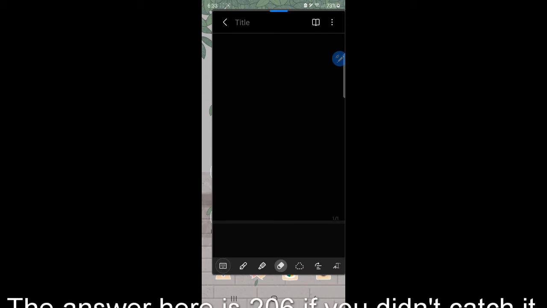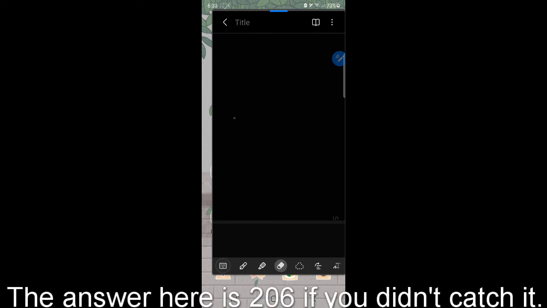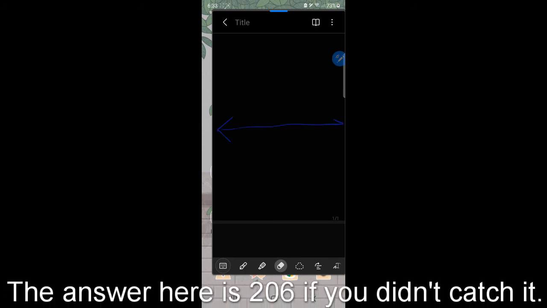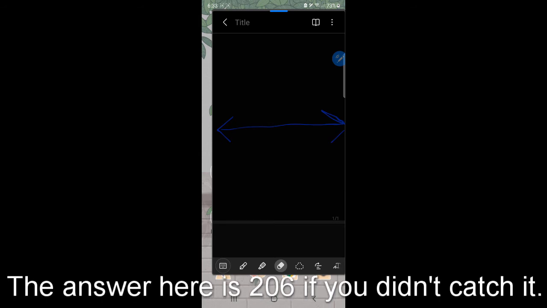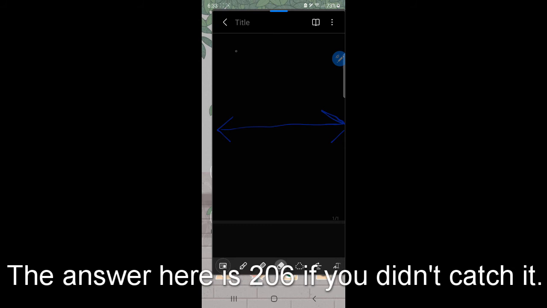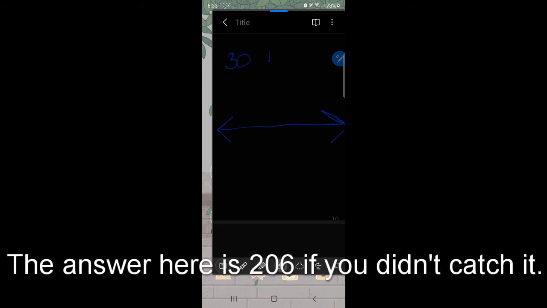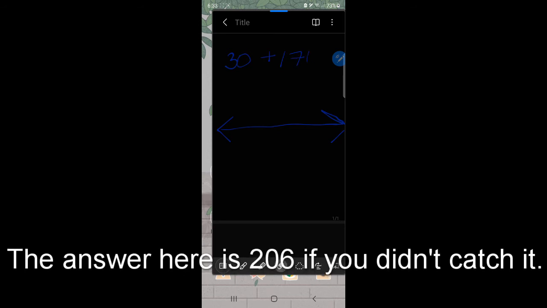To show you another example, let's say we have a number line and we have a problem. We want to know, what is 30 plus 176?